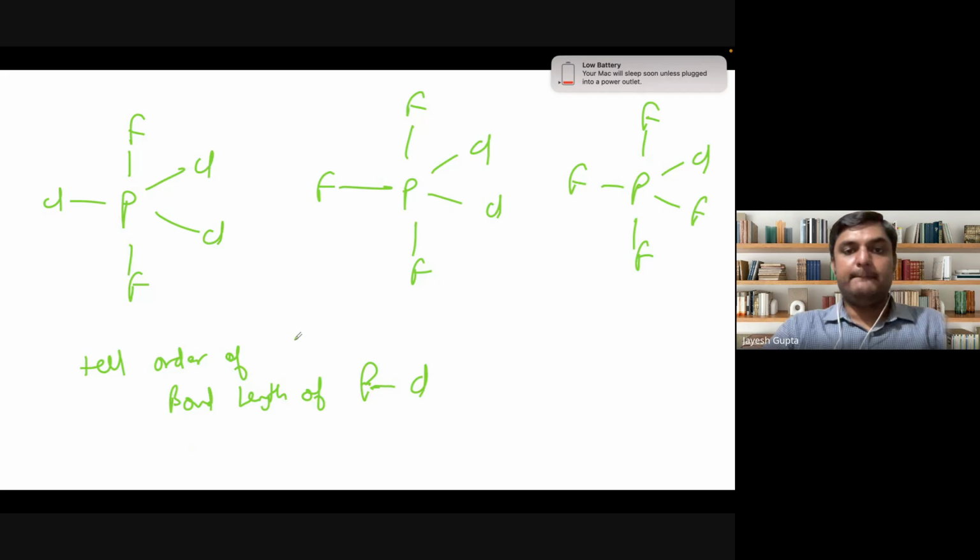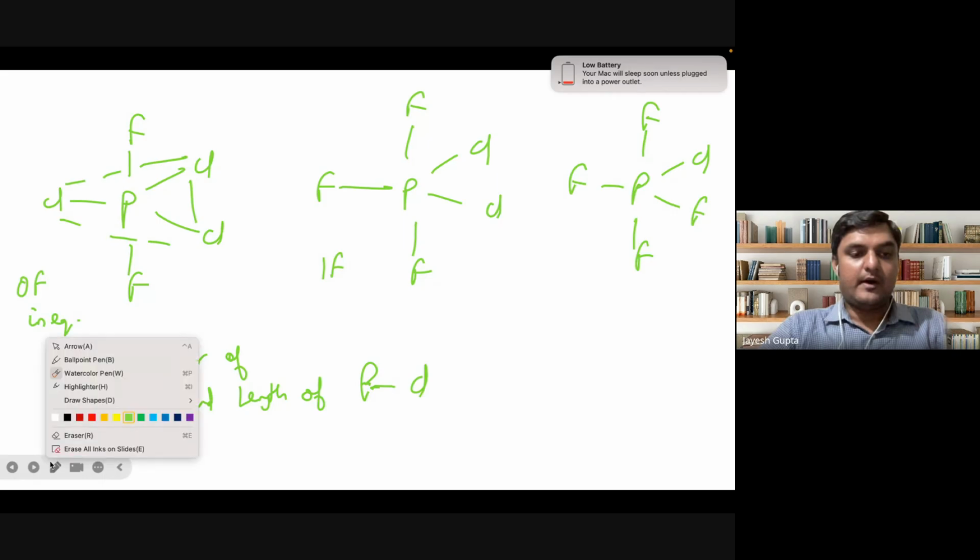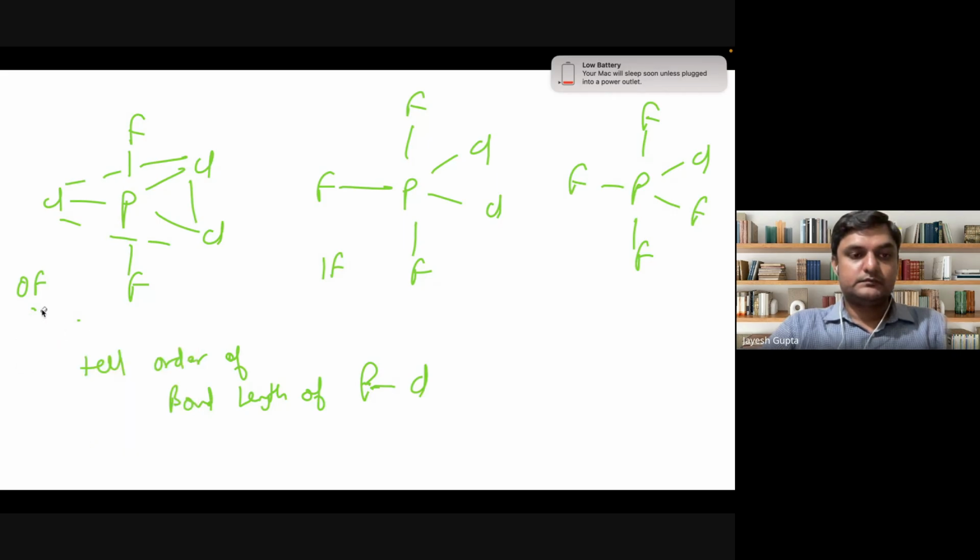So now you can compare: here there are zero fluorine atoms in equatorial, here one fluorine in equatorial, and here also one fluorine in equatorial.